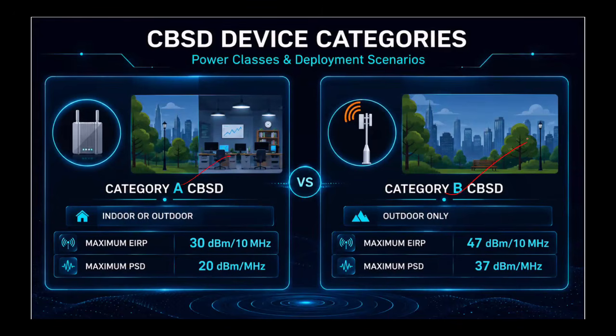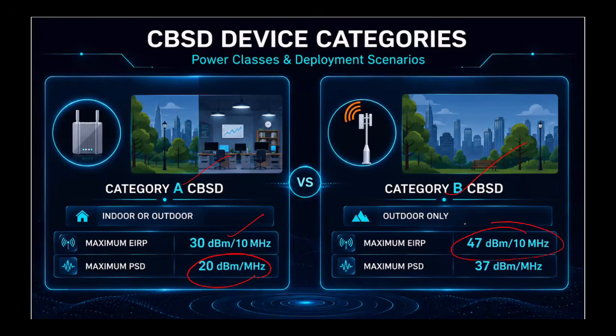As you can see, the maximum EIRP for category A is 30 dBm per 10 megahertz and the maximum power spectral density is 20 dBm per megahertz. Category B can go up to 47 dBm EIRP with a maximum PSD of 37 dBm per megahertz. So naturally, category B provides much larger outdoor coverage compared with category A.